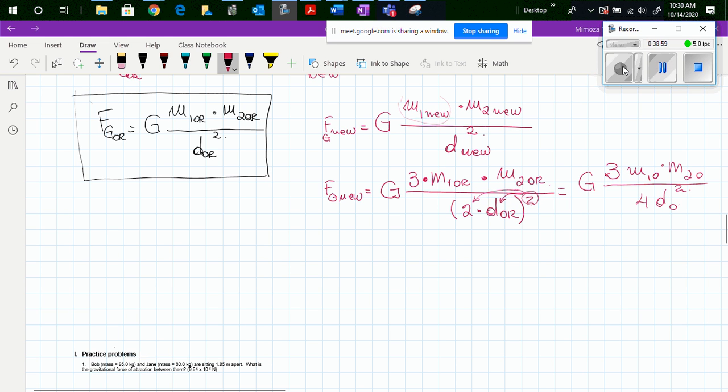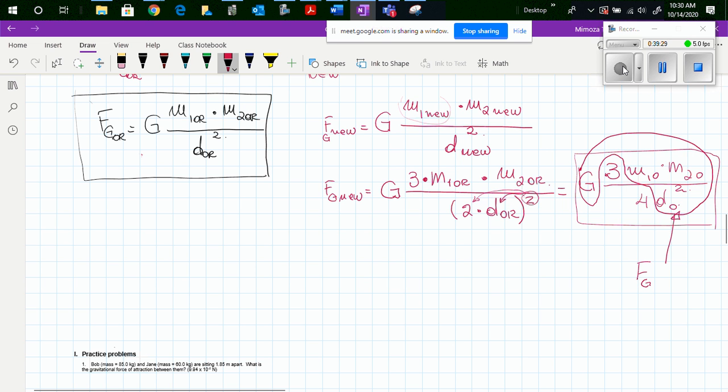Is this clear? However, if we compare this relationship with the relationship that we have here, then we can say that G M1 M2 over D original squared, this whole expression here, is the same as the original force of gravity.